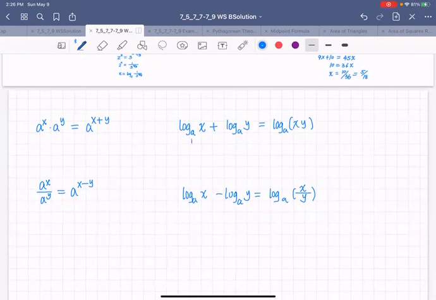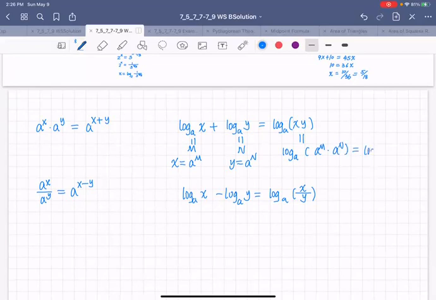I make this guy called m and this guy called n. By the log definition, x equals a to the power of m, y equals a to the power of n. Then this equals log a of a to the power m times a to the power n, which is log a of a to the power of m plus n.